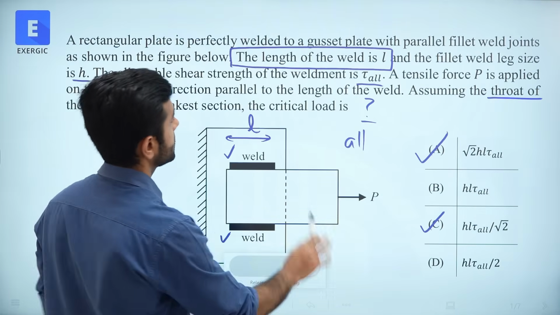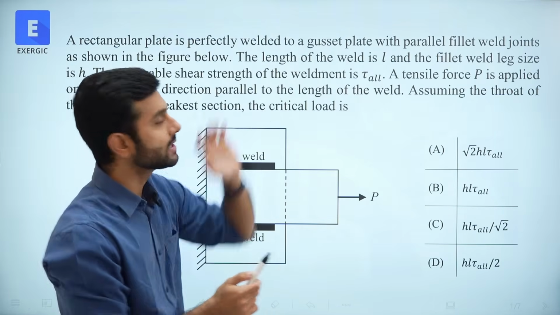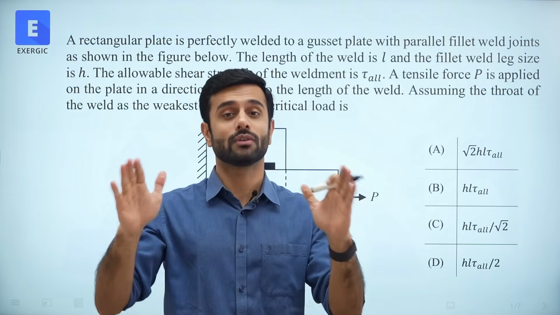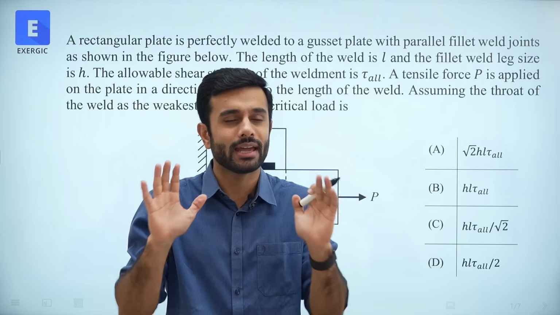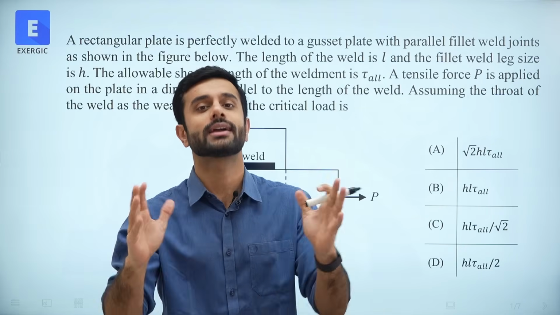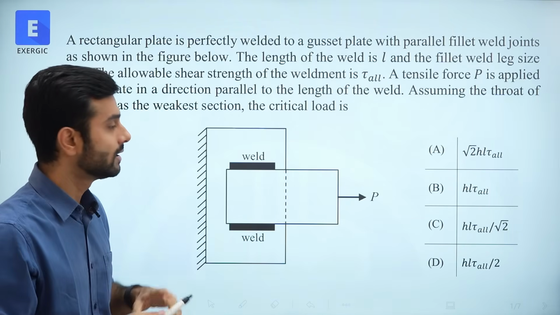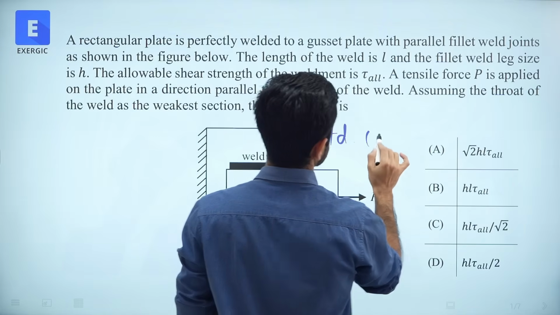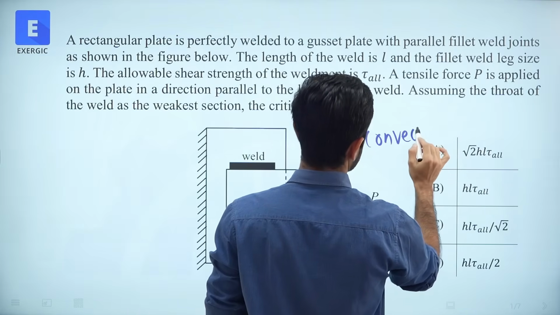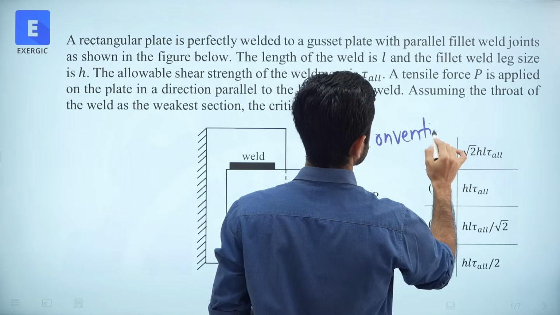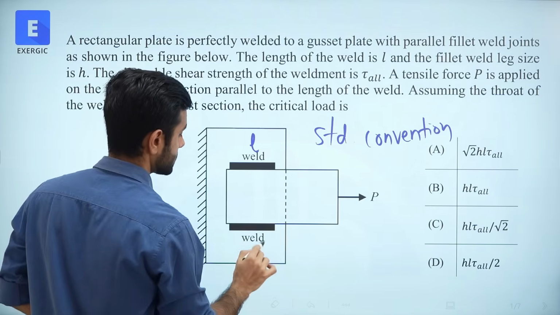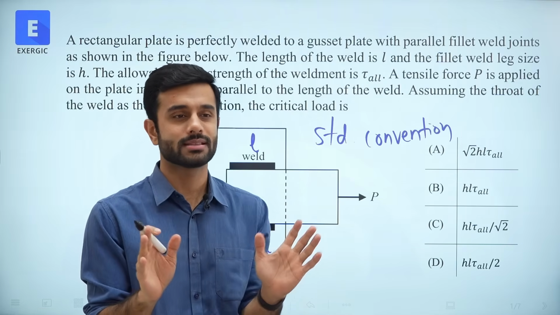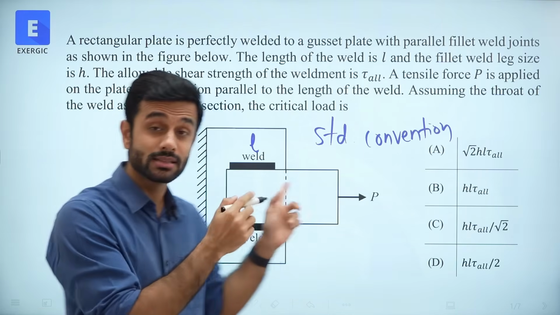Whenever you are given such a case, when the length of the weld is given and it is not mentioning that it is the total length of the weld, and nothing gives you a feel that it is the total length, then the standard convention, the standard way, is to take both of them as this, when it simply says length of the weld, especially in this question.